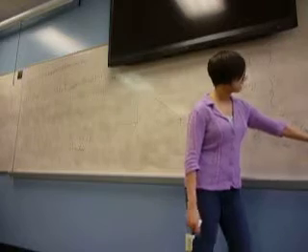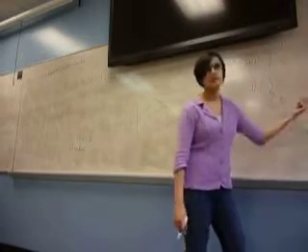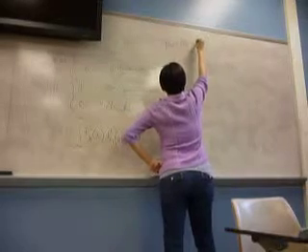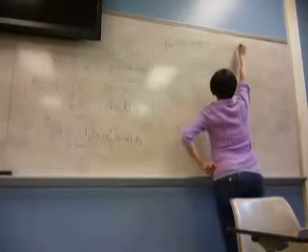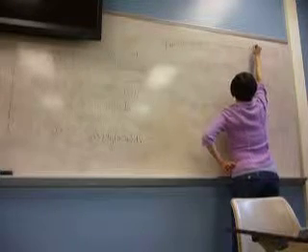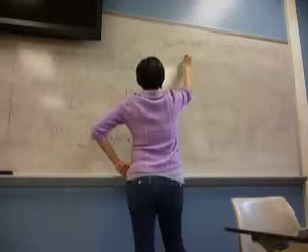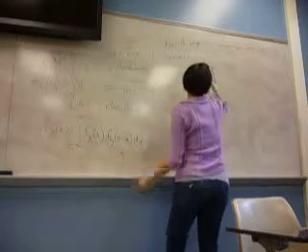This is not zero when y, when z minus x, is between 0 and 1. For the integrand to be non-zero, we need both these things to hold. Need this to be between 0 and 1 and this to be between 0 and 1.